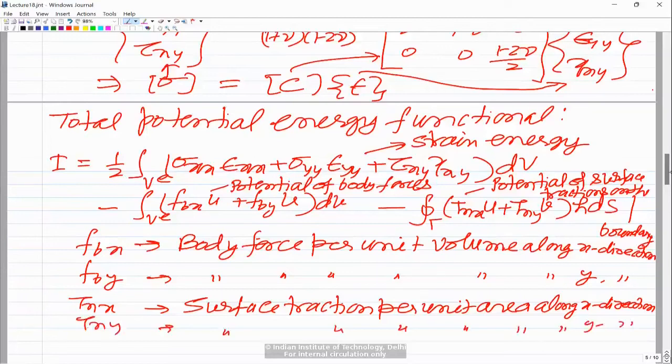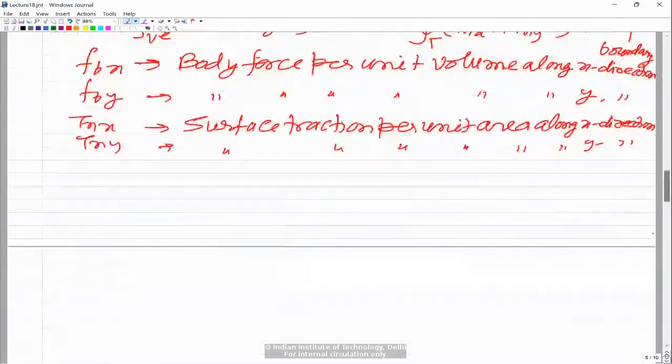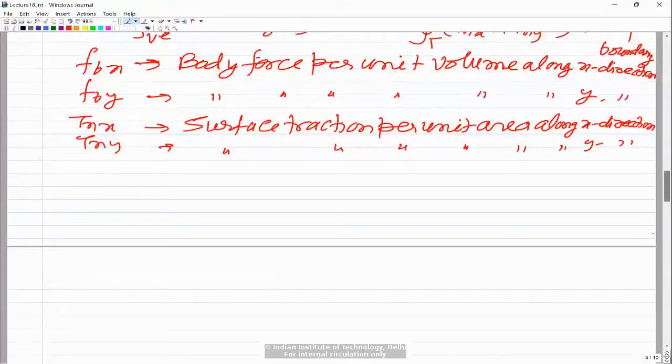Now we want to write ultimately this in the form of product of matrices and vectors. So we can essentially rewrite that integral functional, and additionally we are saying here that stress, strain, displacement, forces and tractions, everything are constant along the thickness direction. They are independent of z coordinate, that is thickness coordinate. So we can explicitly write the thickness integral separately in terms of the thickness.